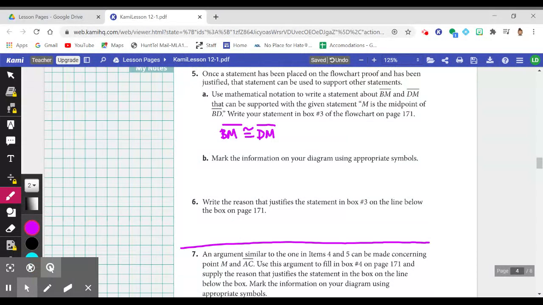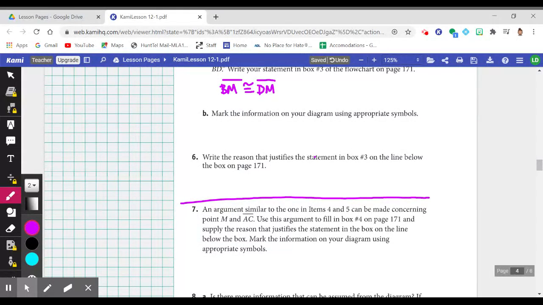Okay, so when they told us M was the midpoint of BD, we remember that midpoint creates two congruent segments. So these are the two segments that are actually congruent to each other. So it says, write your statement in box 3, mark the information on your diagram using appropriate symbols, and write the reason that justifies the statement in box 3 on the line below. So what is the reason that justifies this statement?